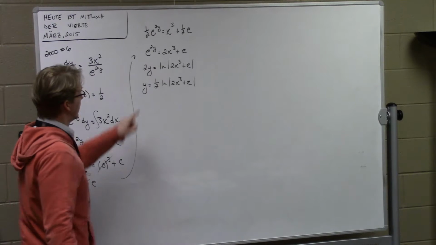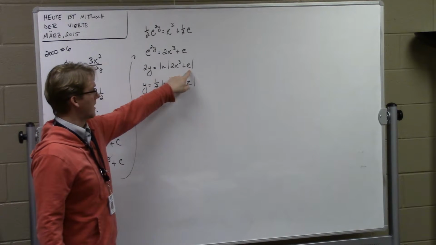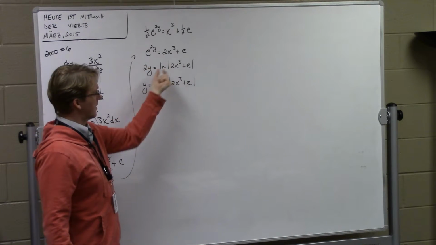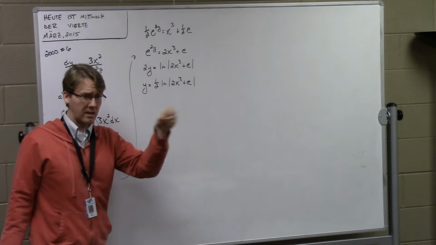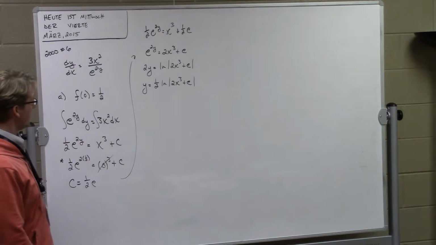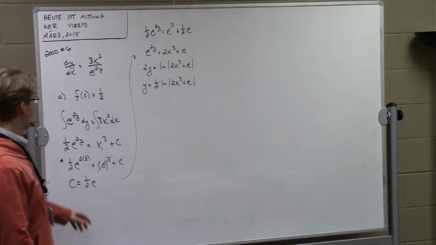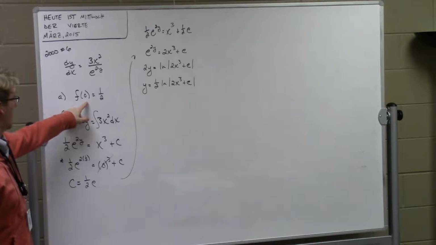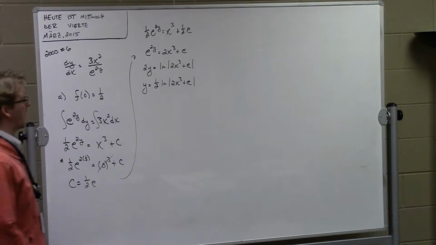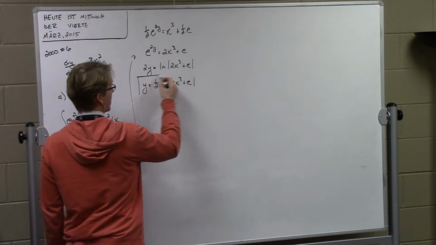Contrary to popular belief, this natural log will not cancel that e because it's not isolated. We need the natural log of e all by itself in order to do that. And I think if we're going through the point 0, 1/2, the absolute value will be unnecessary, but I'm not going to chance it.